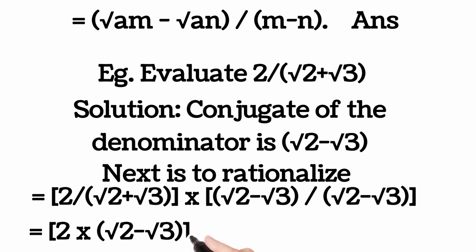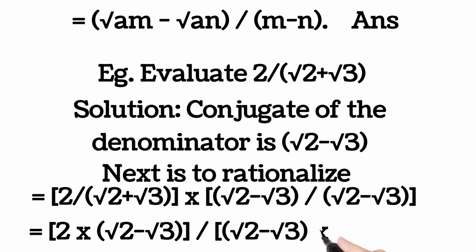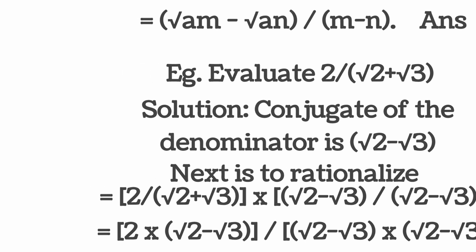equal to 2 into root 2 minus root 3, close the bracket, divided by root 2 plus root 3 times root 2 minus root 3, close the bracket.